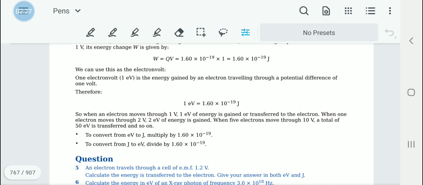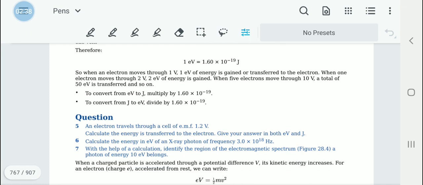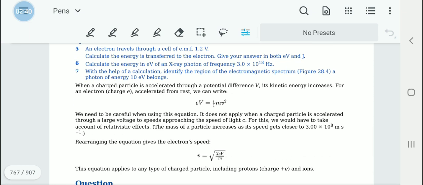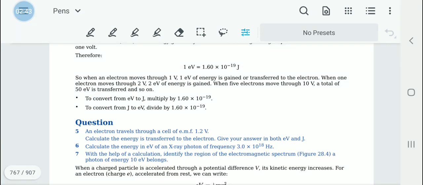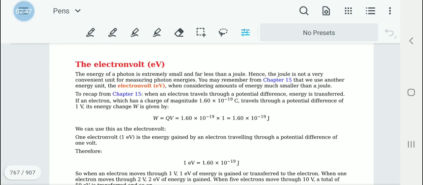To convert from electron volt to joule, we multiply by 1.6 into 10 to the power minus 19. To convert from joule to electron volt, we divide by 1.6 into 10 to the power minus 19. That is basic mathematics. Before we do questions 5, 6, 7, let's write a note about that.